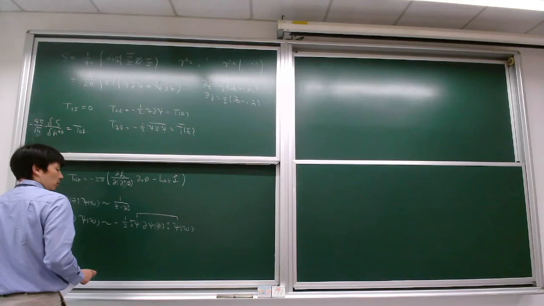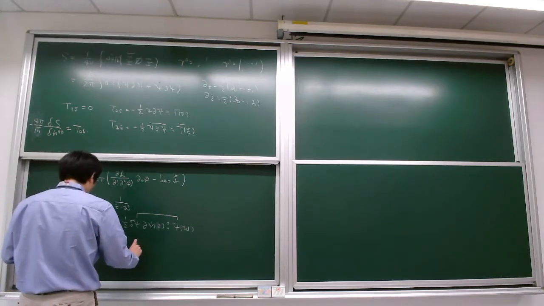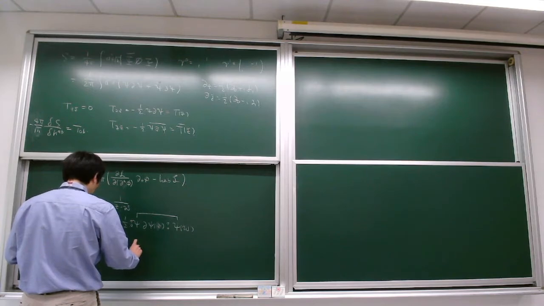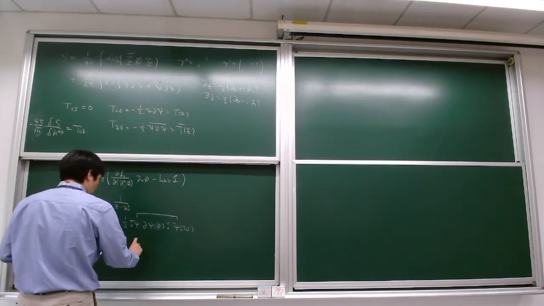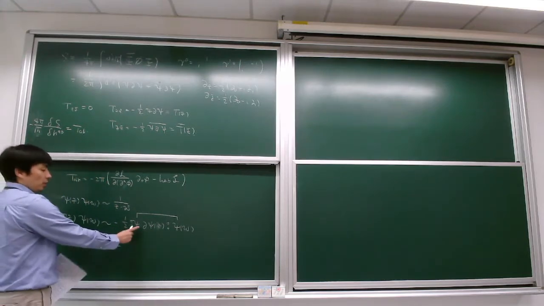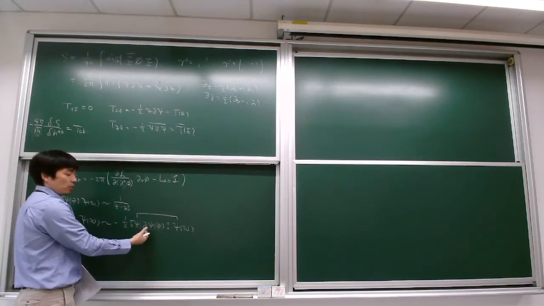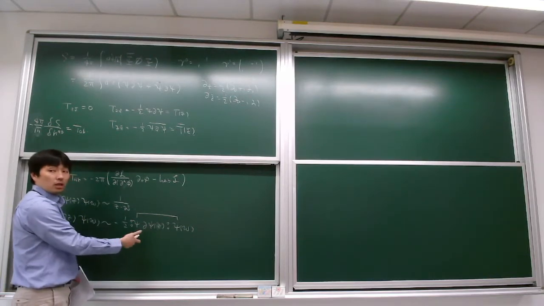So one way to take this one, this one is equal to minus. One way to do this is, you need to bring psi into here. Since psi anticommutes, you get another minus sign. Okay.